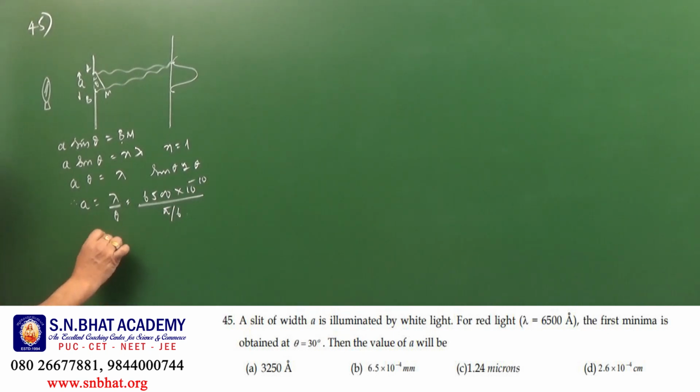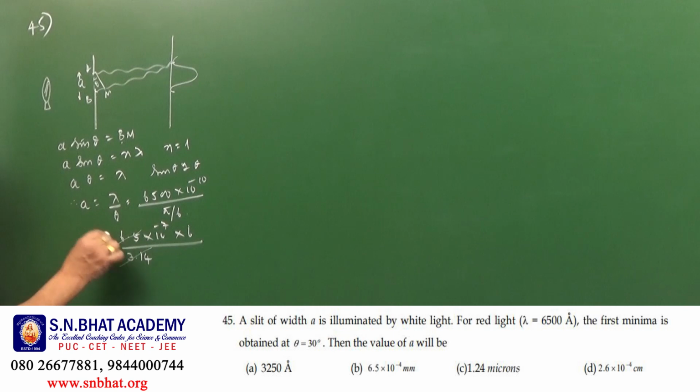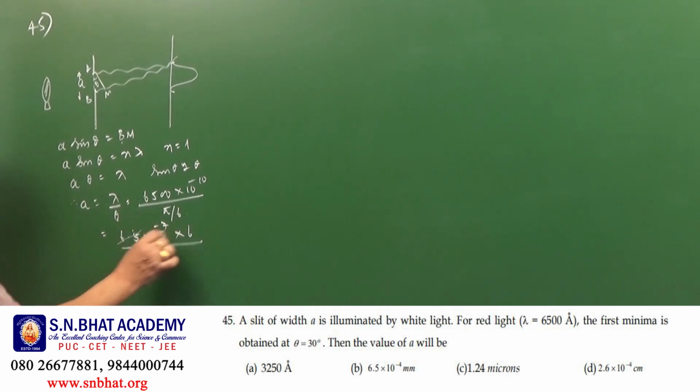Understood? Therefore, what I can do is, 6.5 into 10 to the power of minus 7 into 6 divided by pi. The value of pi is 3.142, right? So 3.142 doubled is 6.28, that is 2 times. Then 2 times 6 is 12 into 10 to the power of minus 7.